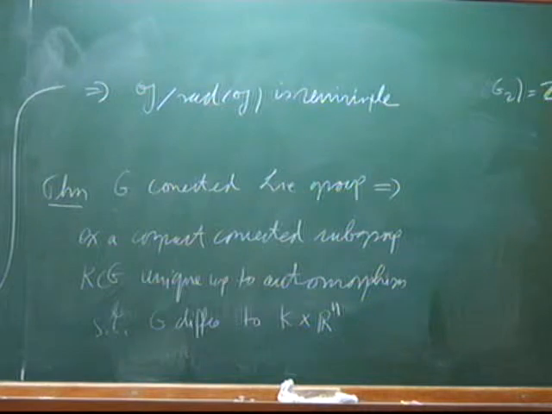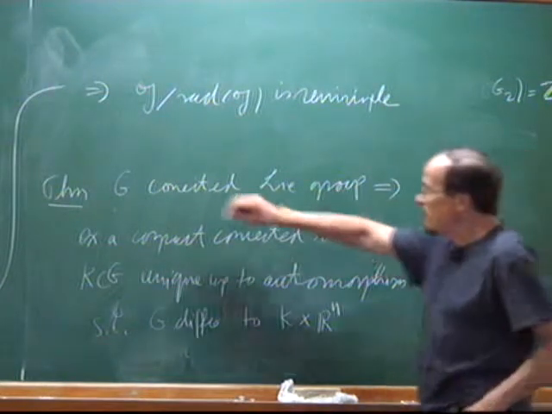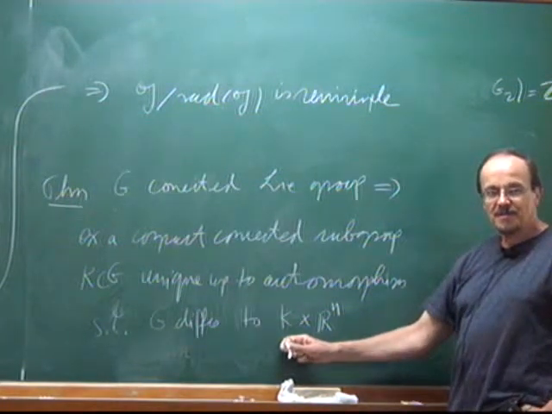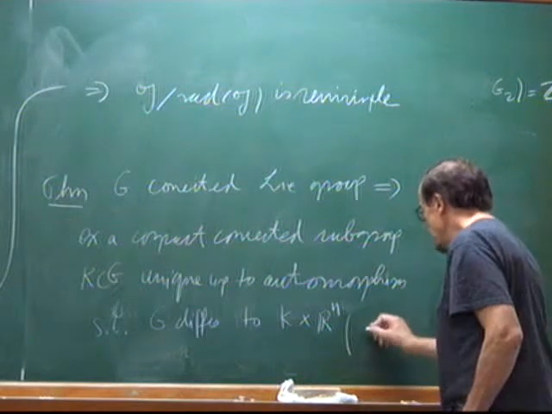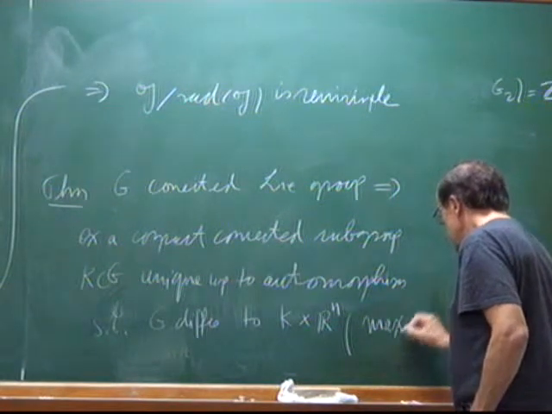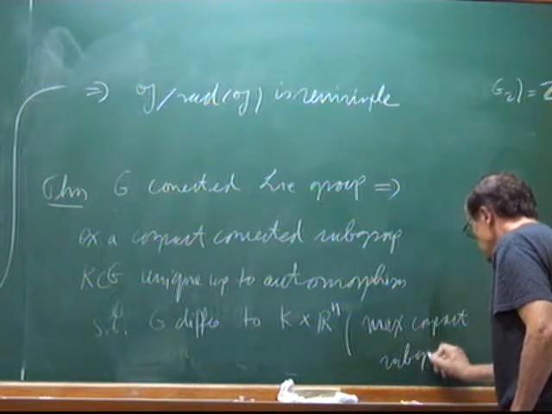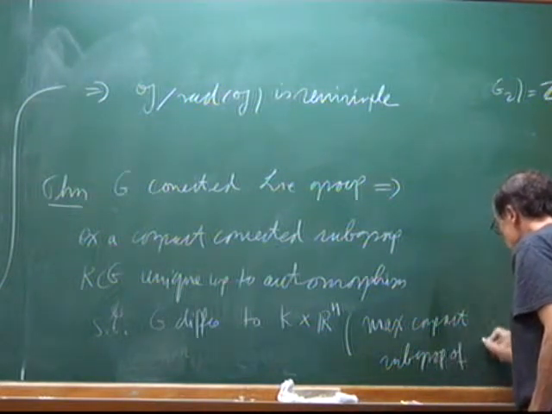Not isomorphic, but diffeomorphic. So it says the topology of every Lie group is the same as the topology of a compact subgroup. This is called the maximal compact subgroup. And it's unique up to conjugacy.